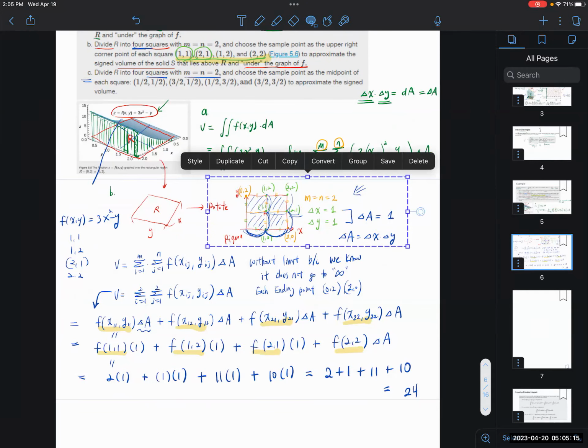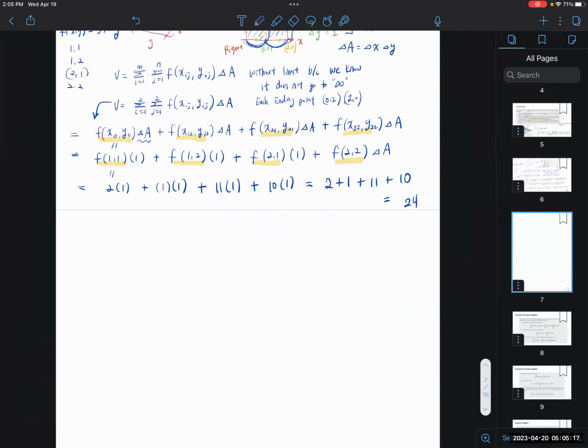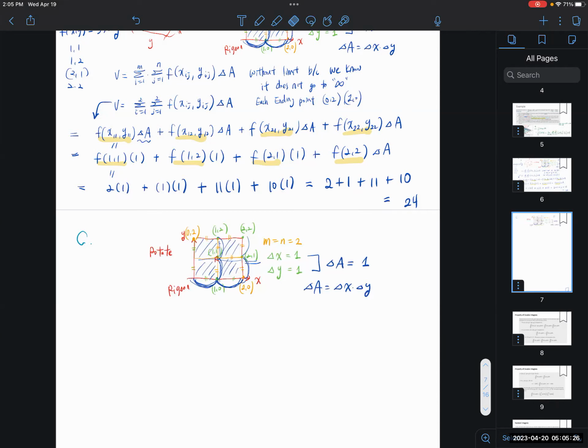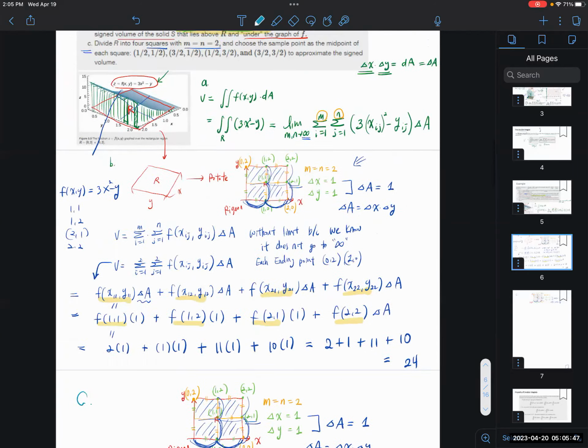So copy, and then here's C. Let me change the color. So the C here, and it's the same thing so far. Nothing is special. So the ending numbers m and n are 2, so we know the exact point. We have delta x and delta y should be 1. The equal length should be 1 because the ending number is 2. So the area of each partition is going to be 1 as well. Okay, so that's good. So let me keep reading.